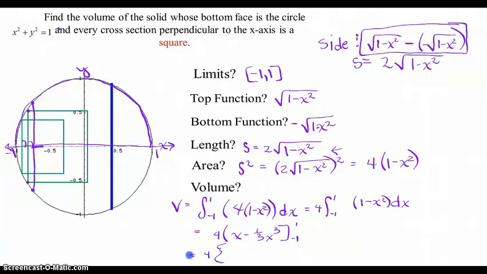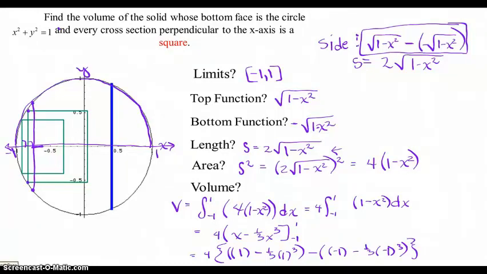The 4 distributes over the whole thing, so that's 1 minus 1/3 times 1 cubed, and then minus -1 minus 1/3 times -1 cubed. All right, this is the case where our lower limit is not 0, so make sure you don't just put 0 there like we did in the last couple of examples when we were doing volumes by revolution. Again, if it's a free response question, we don't have to clean it up.